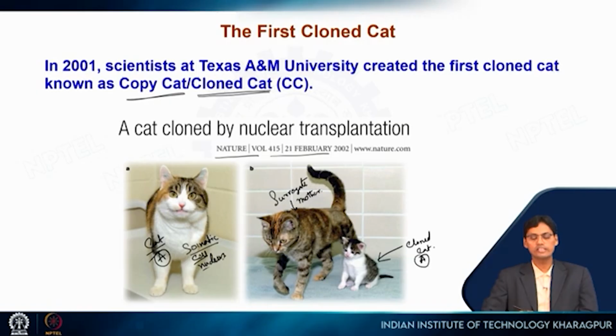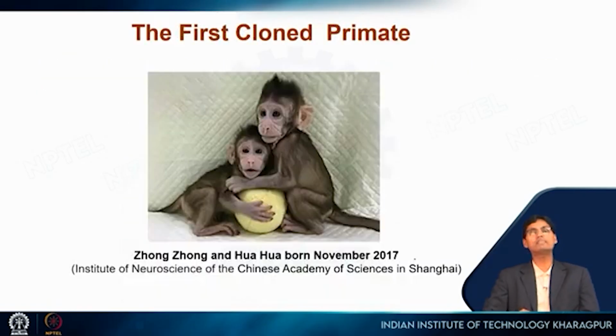If we move a little bit further, Dolly is very famous, all of us know, but the cat we might not know. This one is more interesting because it is the first cloned primate. Primate means very close to human. This is a crab-eating monkey.